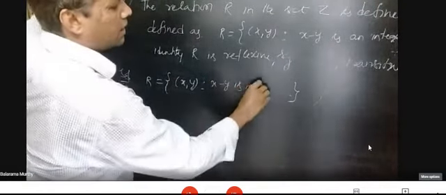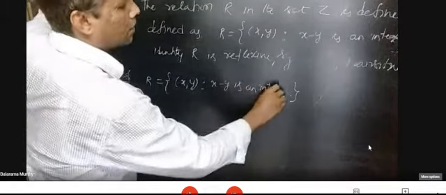So, what is the relation? X minus y is an integer. So, what are the elements we need to use? Integers, that means minus infinity to infinity.